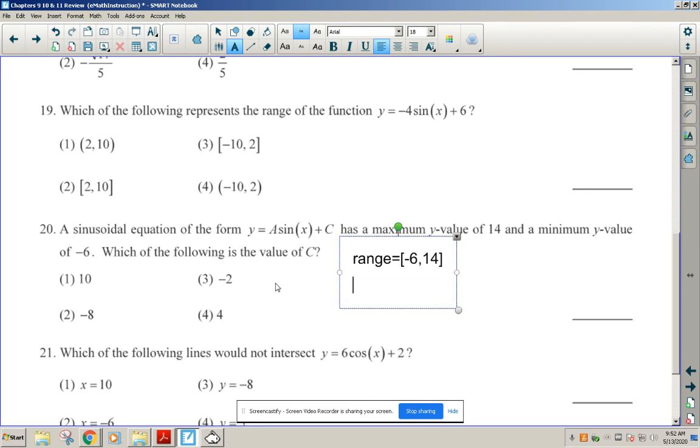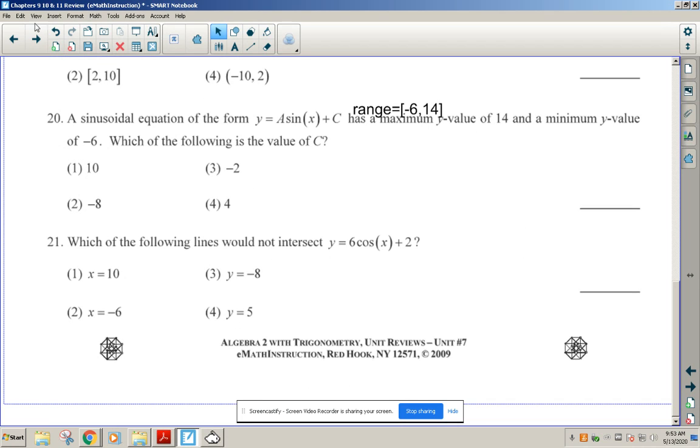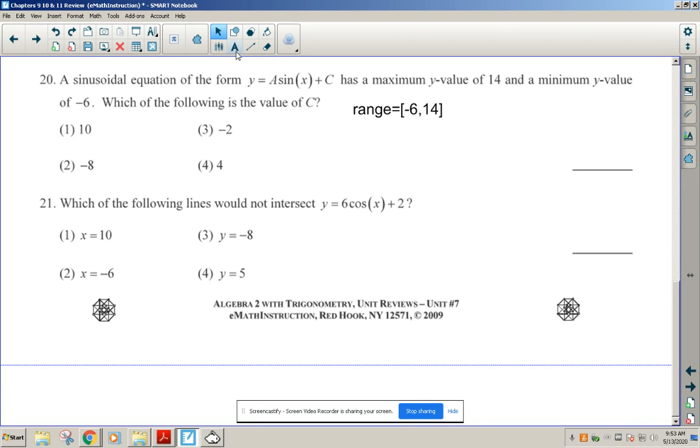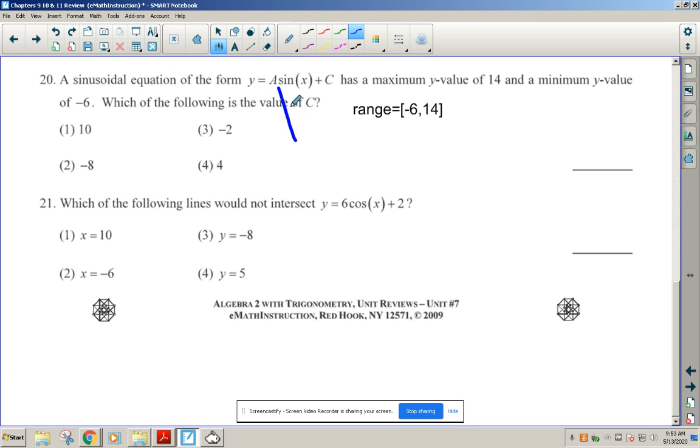The midline is going to come from half the distance. So if I think about my low of negative 6 to my high of 14, that's a span of 20 steps on a graph. If I divide that in half, those 20 steps divided in half gives me an A of 10. So that gives me an amplitude of 10.